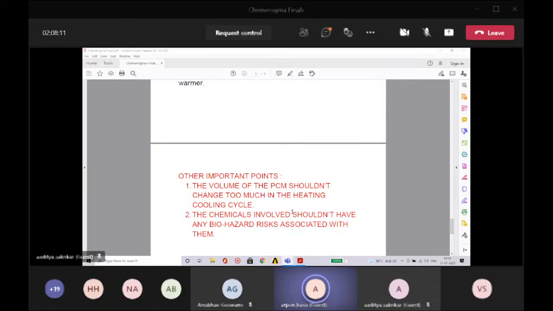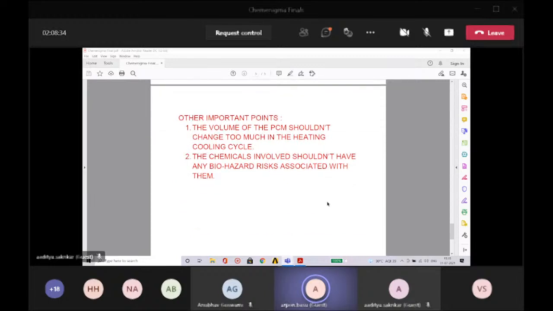Obviously, another important point is that we should not take things which have biohazards associated with them, because first of all, such things are unsafe near human beings, and here we are talking about a sick baby anyway. So any material we use has to be very secure and safe. So these are the two problems we solved and our rationale behind that.